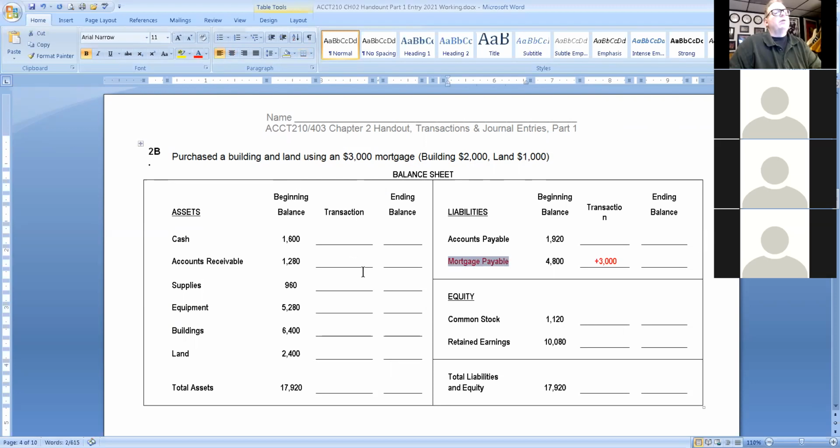So our mortgage payable goes up by 3,000. Now we got a building for 2,000, which seems very reasonable for a building. So our building's gonna go up by 2,000. And our land will go up by 2,000. No, our land will go up by 1,000.